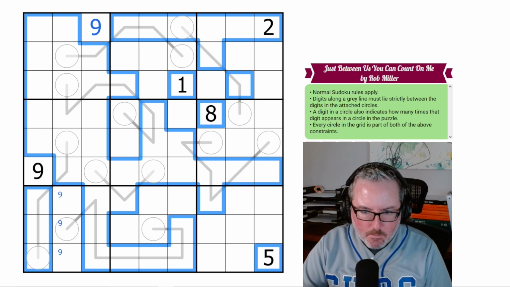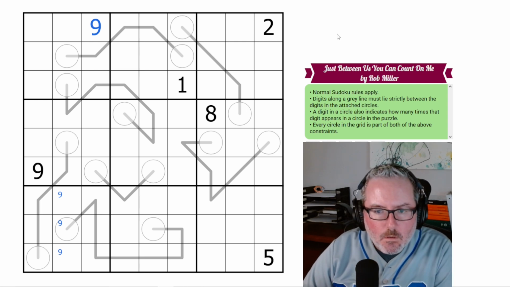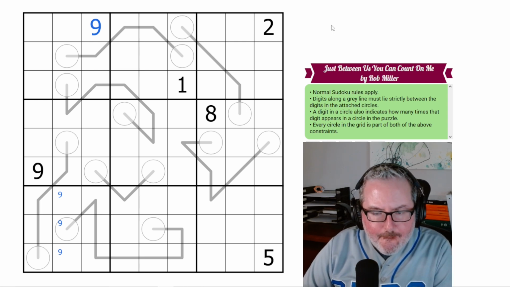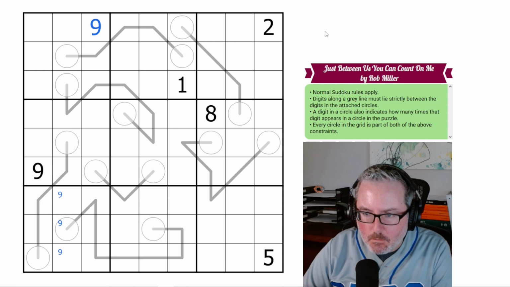These can't be 9s, obviously. No, I don't see anything else there. So, therefore, what the heck are we doing?